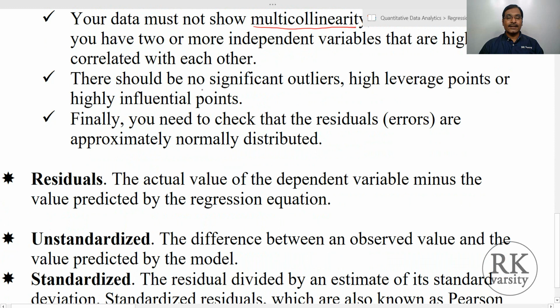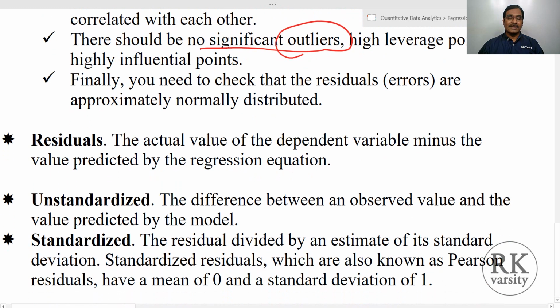Then there should not be significant outliers in your data set. Outliers are extreme values, so you have to check that also. Then finally you need to check that the residuals, that is the errors, are approximately normally distributed.